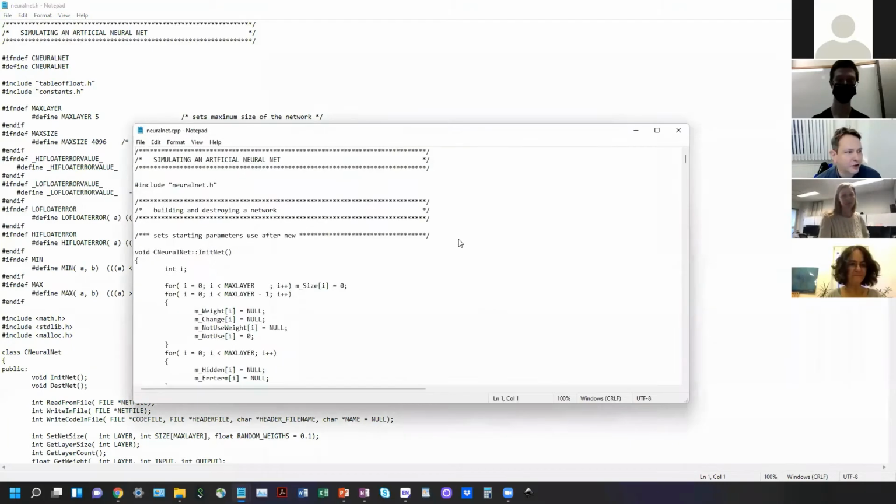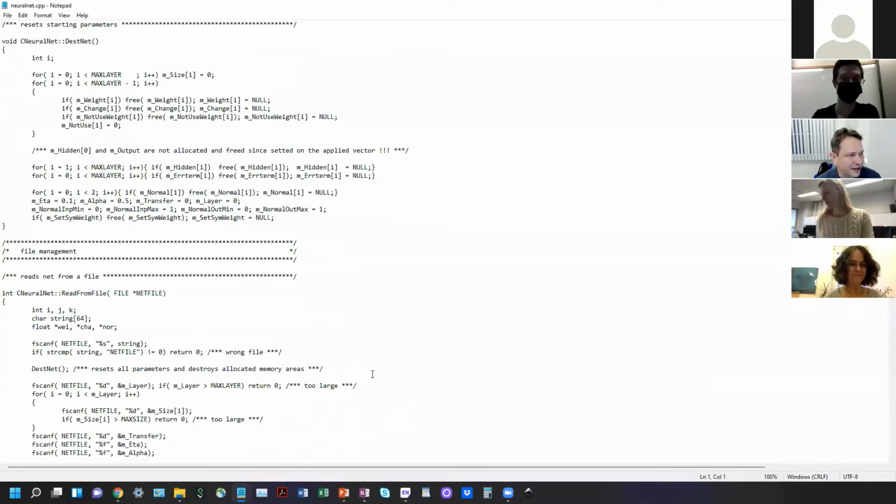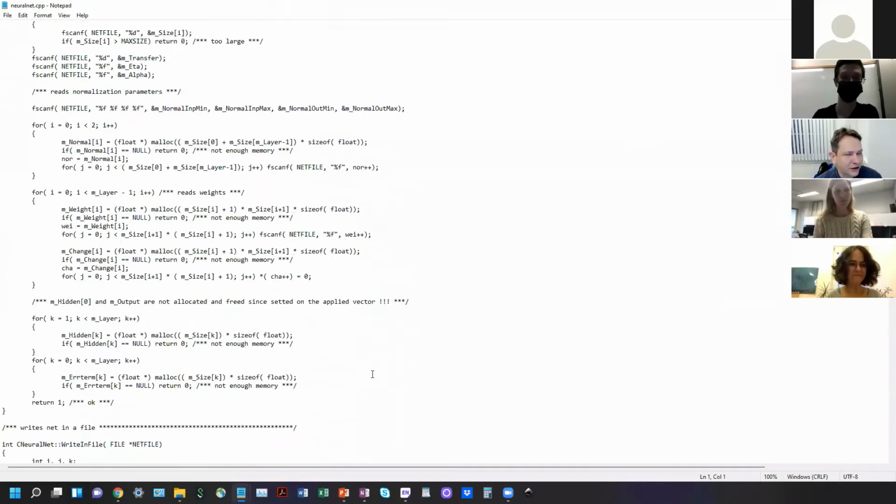And then there is a bunch of code that in a very efficient way, for the time, allocated the memory and used pointers, and it was optimized for speed. It was, I believe, at the time, one of the fastest implementations of a neural network.